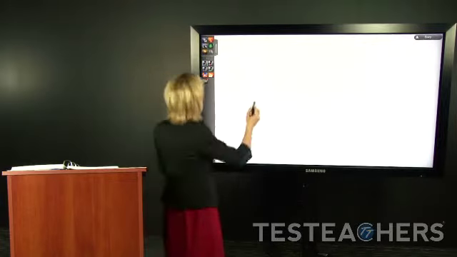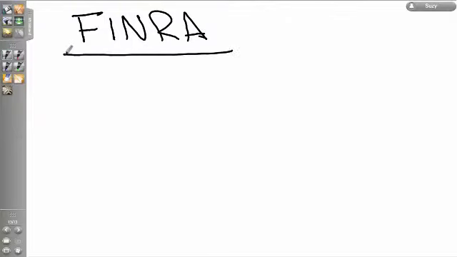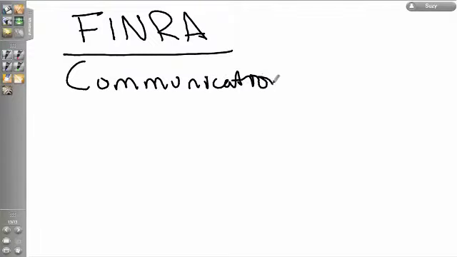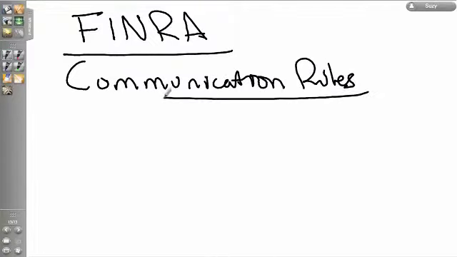FINRA has communication rules. So FINRA has recently made some pretty major changes to the communication rules. They've changed the different categories of communications.